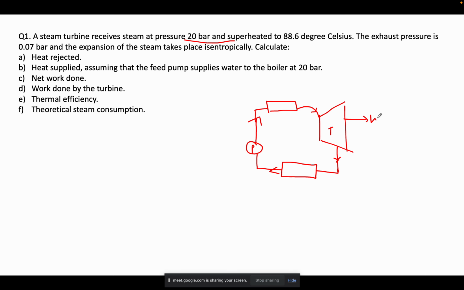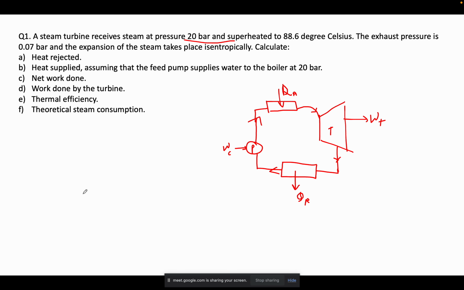Some work will be produced here and some work will be consumed here. Here some heat will be rejected and here some heat will be added.